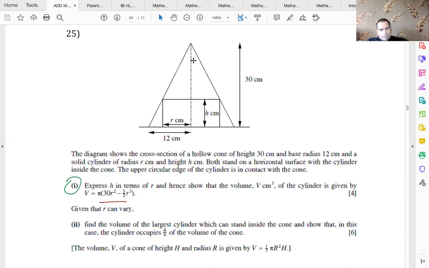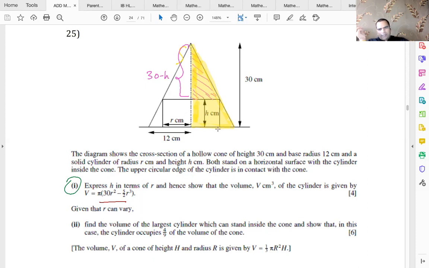Most of the time, we need to apply similarity in such questions. When I look at this triangle that I'm shading here, it is actually similar to the big triangle. The dashed triangle will have a height, since the total height is 30, of 30 minus h.